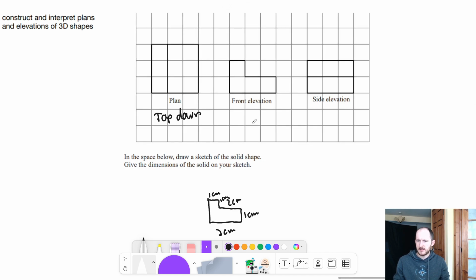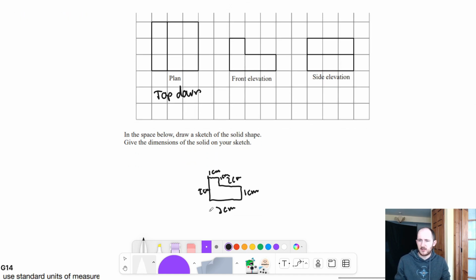Height is 1 centimetre, and that is 2 centimetres, right? And then all you'd have to do is make this 3D. So I'm actually going to get rid of the measurements for now, just to make my life a bit easier, but I wanted to show you how to interpret it. So the way I would make this 3D is I'll do something like this.